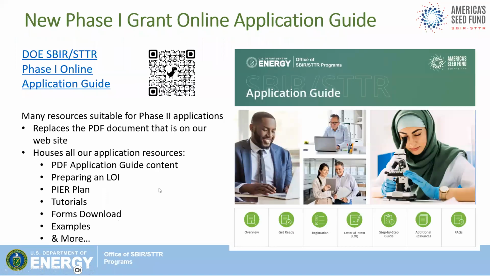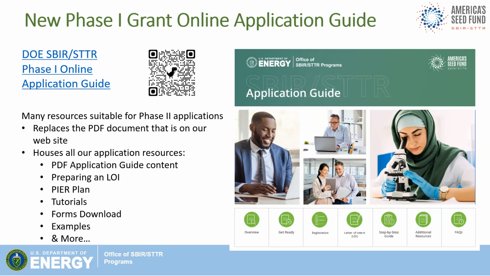I do want to mention that we did just develop and release a few months ago a Phase 1 online application guide. Here is the URL to it. There are many resources in this guide that are suitable for Phase 2 applications. It does replace our Phase 1 application guide that was a PDF document that you downloaded from our website.